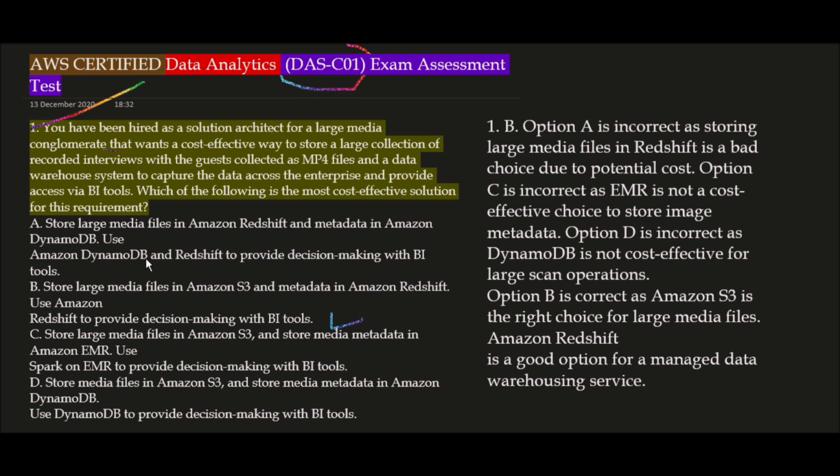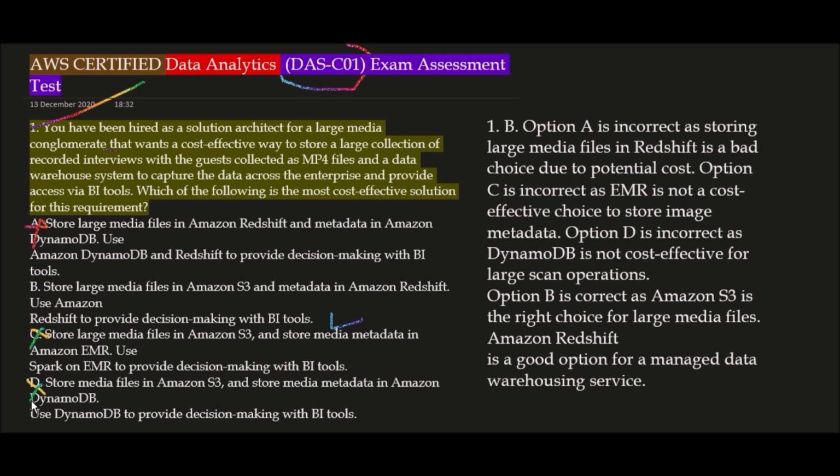Option A is incorrect because storing large media files in Redshift is a bad choice due to potential cost. Option C is also incorrect because EMR is not a cost-effective choice to store image metadata, and option D is also incorrect because DynamoDB is not cost-effective for large-scale operations.